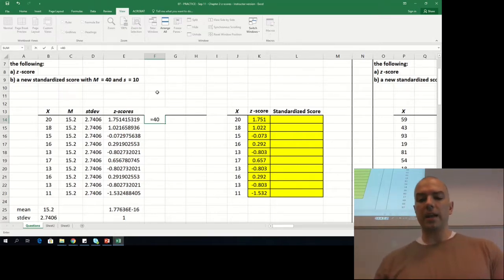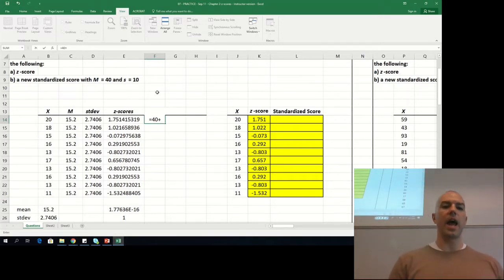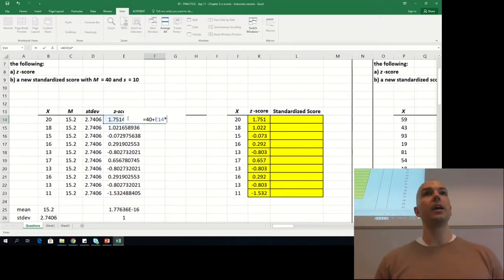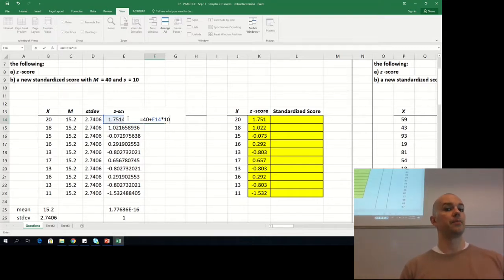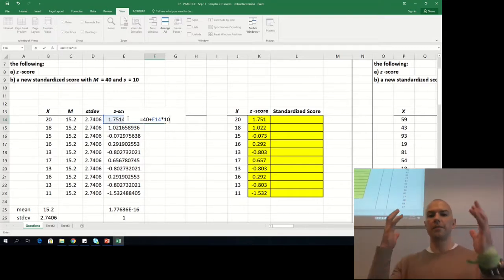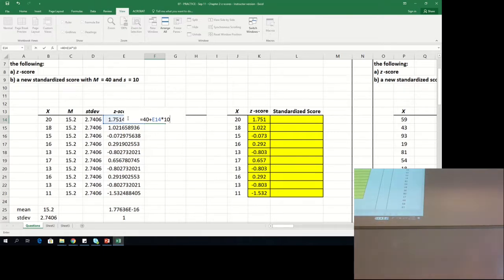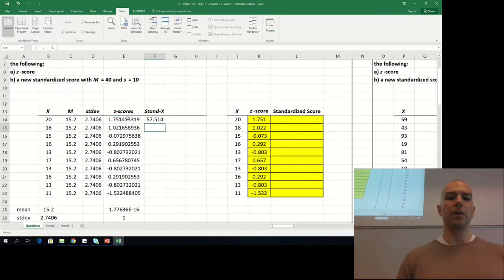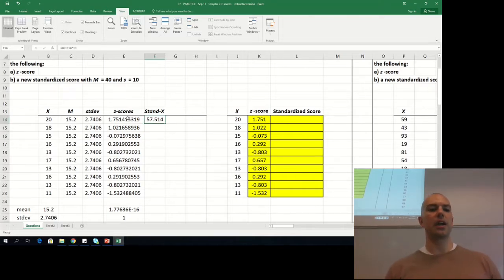And then to that, we are going to add our z-scores multiplied by our new standard deviation, which is 10. So we got 40, which is our new mean, plus the z-score that we just calculated, multiplied by 10, which is our new standard deviation. We hit enter, and we get that standardized score.